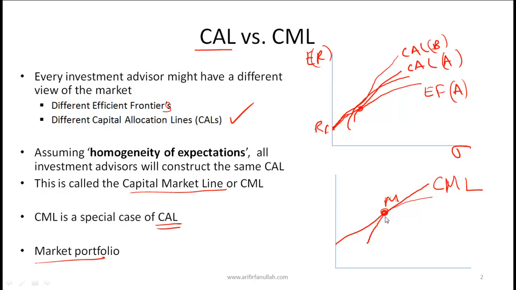So the market portfolio theoretically is a combination of all risky assets, but from a practical perspective we usually use an index such as the S&P 500 as a proxy for the market portfolio.